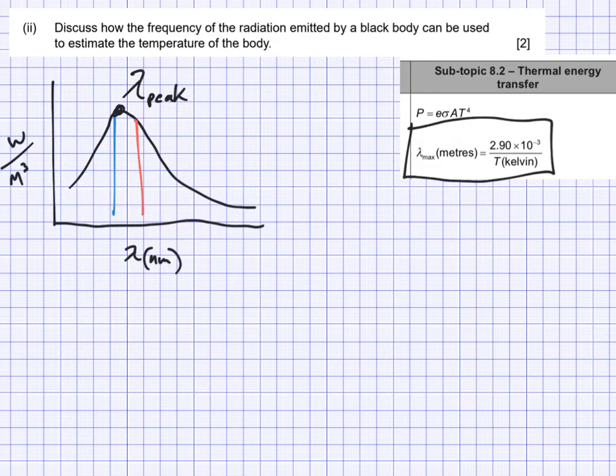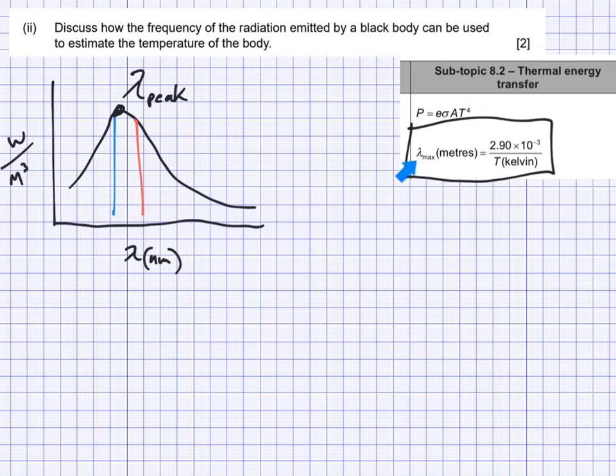And this peak wavelength will shift. So the color or the EMR, the wavelength of the EMR at the peak, will shift depending on the temperature of the black body emitting that radiation. And that is given to us by this ratio here.